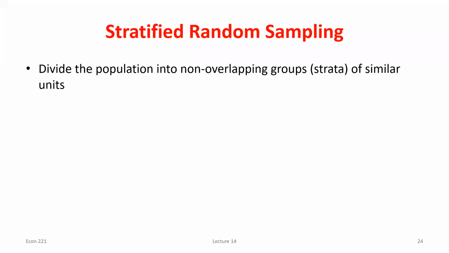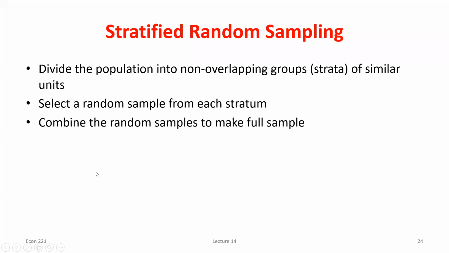Let's say I want 100 people in my sample. I know that I want a gender breakdown that matches my population. I'll randomly select 50 males, I'll randomly select 50 females, and then I'll put them together to get my full sample of 100. Now I know that the gender composition of my sample looks the same as my population. That's all I'm saying here: we break them down into each stratum, randomly sample from each stratum, and then throw those together to make my full sample.